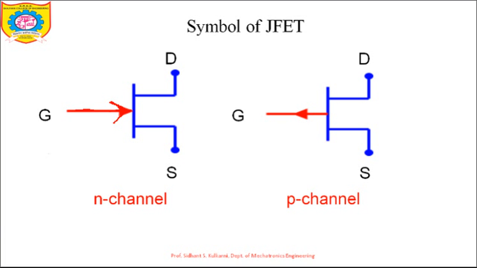The symbol is represented in rectangular form with drain, source and gate, and the arrowhead is represented at the gate. If you remember, the arrowhead in the symbol of the transistor represents the emitter, but in the FET the arrowhead represents the gate terminal, whether it is an N channel or a P channel.